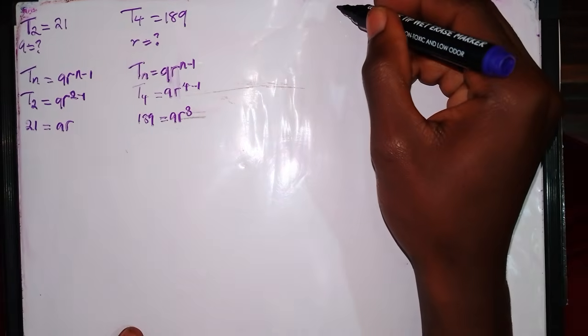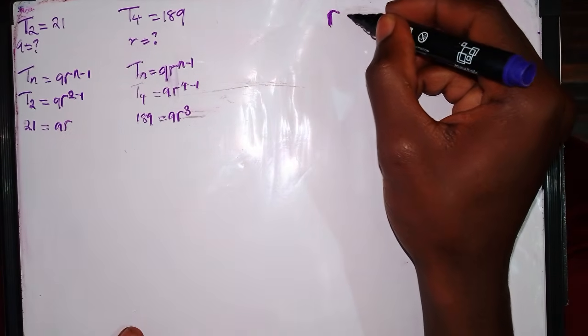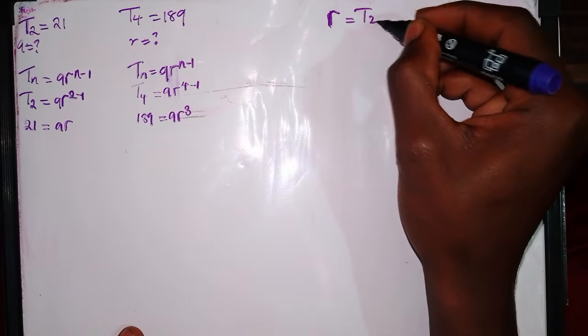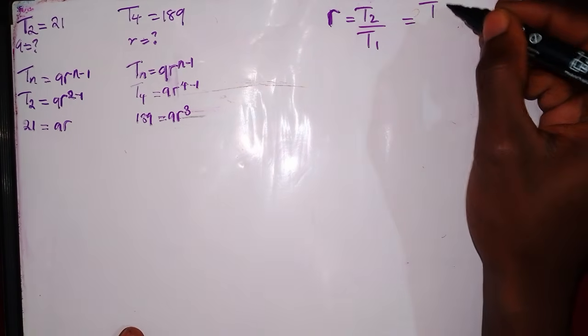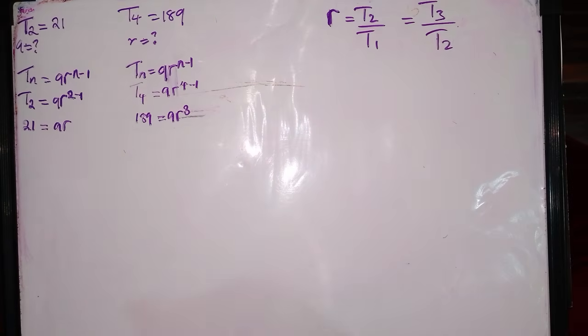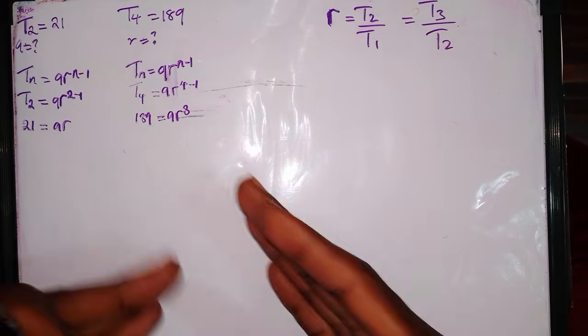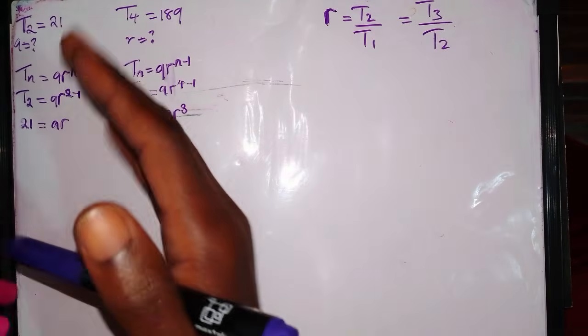For example, the formula for common ratio is, if you have a second term, you divide it with the first term. Or if you have a third term, you can divide it with the second term. In a similar way, we are going to divide the fourth term with the first term.